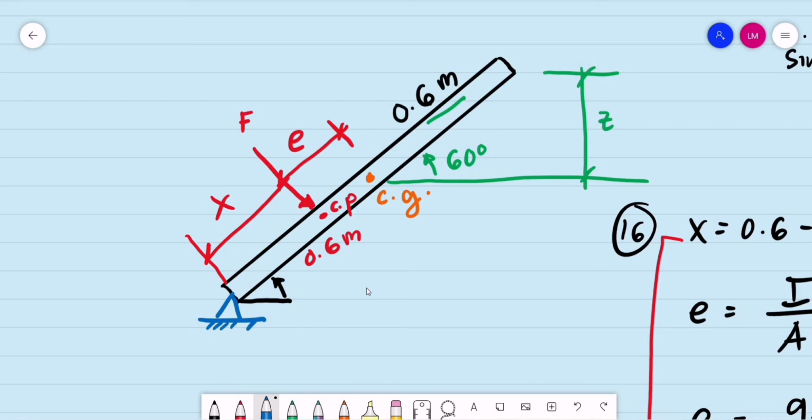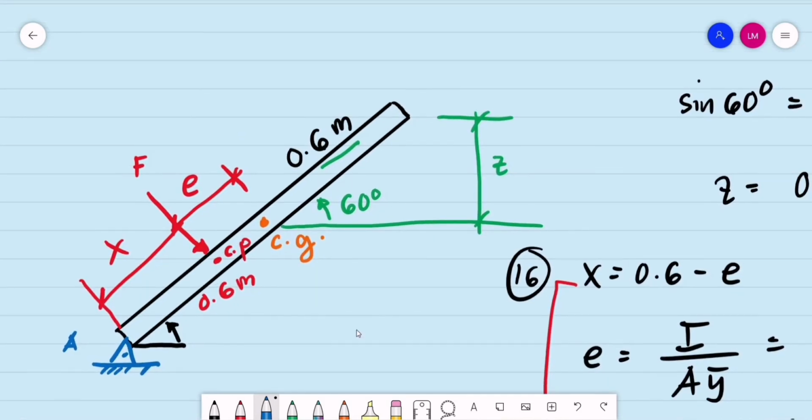Sabihin na lang natin, this is at A. So, tinatanong, ano daw yung required force na pwedeng i-apply dito sa taas para mabuksan yung gate. Let's say this is point B this time, point A sa baba. So, kung mag-a-apply tayo ng force dito para buksan, let's say the force at B, what will be this value?